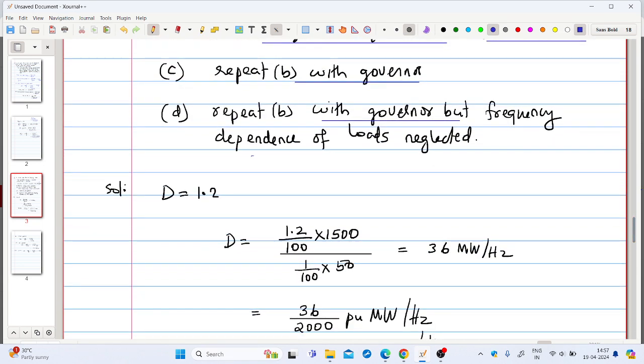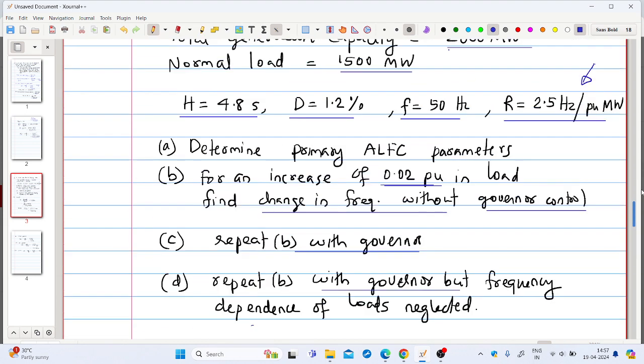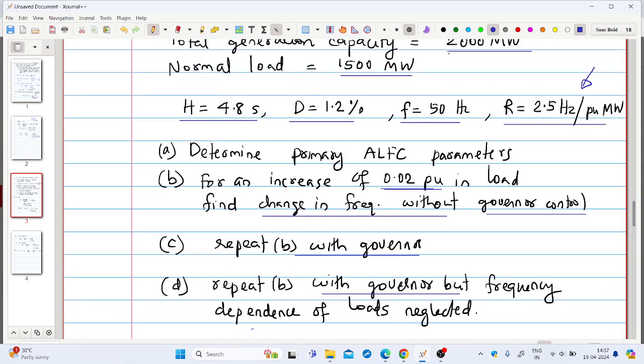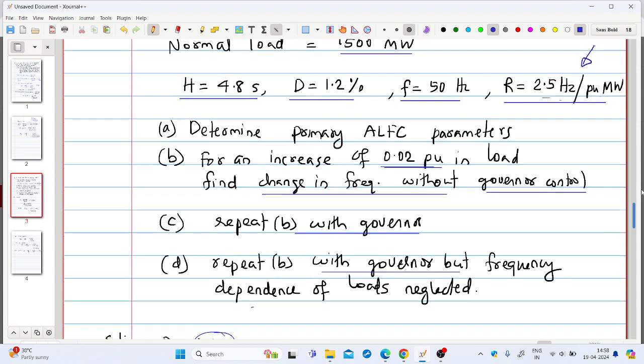So D is given as 1.2. So 1.2 percentage of total load 1500 divided by 1 percentage of nominal frequency. That is the meaning of D. D equal to 1.2 means 1.2 percentage change in load for 1 percentage change in frequency. So it is 36 megawatt per hertz. But this R is given in hertz per unit megawatt. So we have to get the value of D in per unit megawatt instead of megawatt.